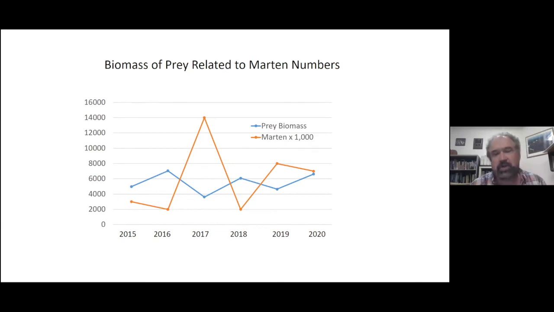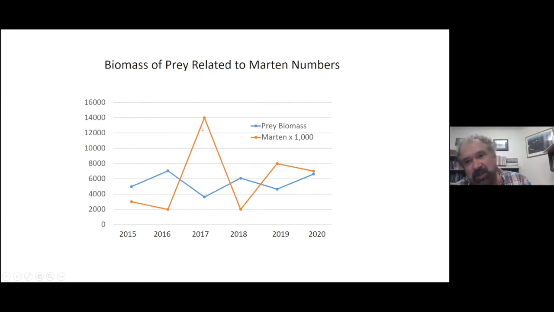So what I've started to do is take the total biomass of the prey and try to then relate that to the predators. One of the problems here is that if you use the same scale, that's why this axis is not labeled. The blue line is prey biomass, and the orange line is the number of pine martens times 1,000.